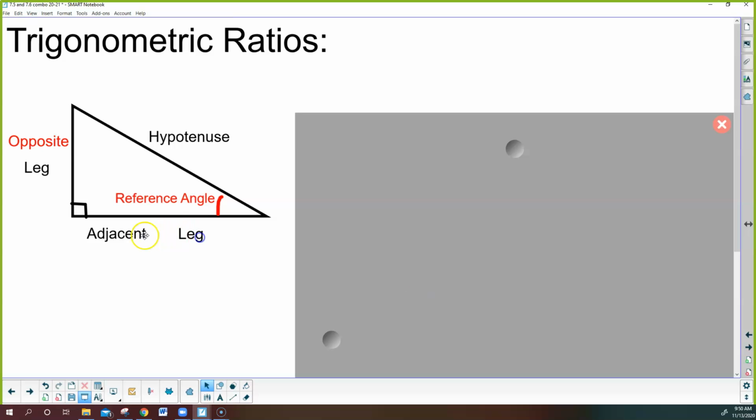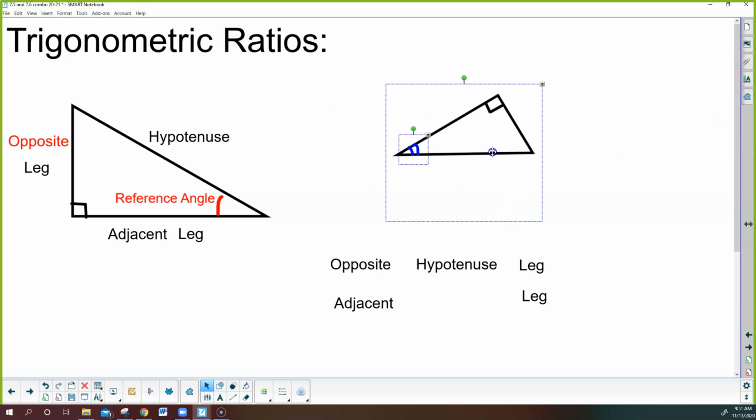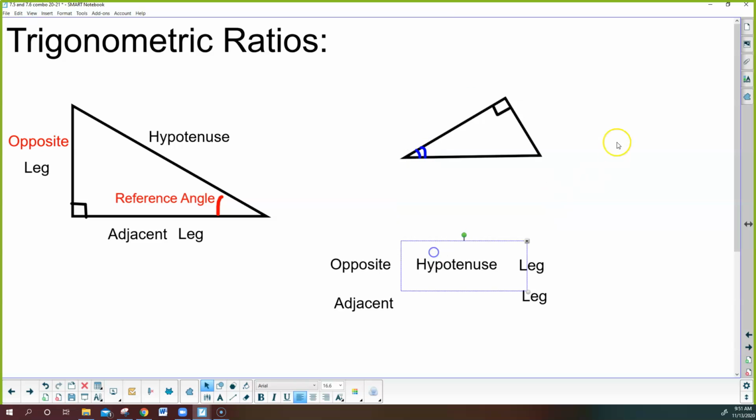Now, what's important is what happens if I switch the reference angle to this angle right here. What stays the same and what changes? Okay, so you don't have to write this one down. I want to go through this fast today.